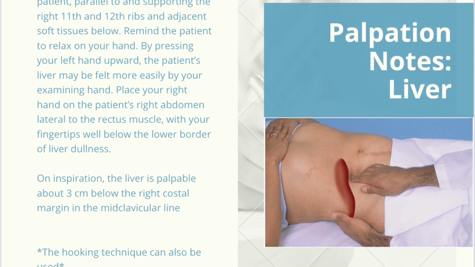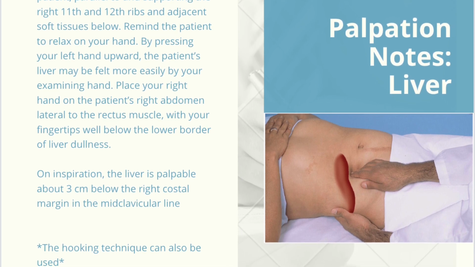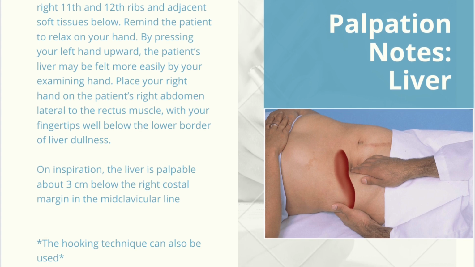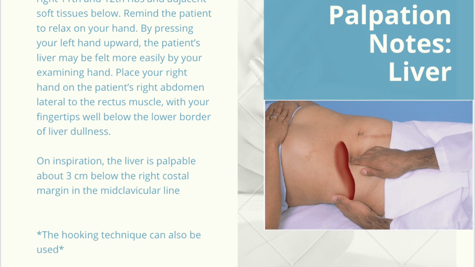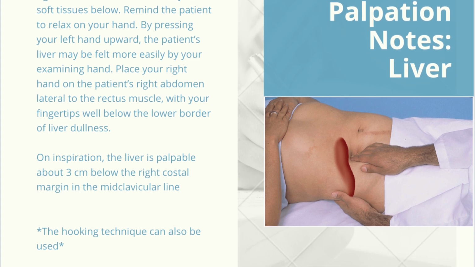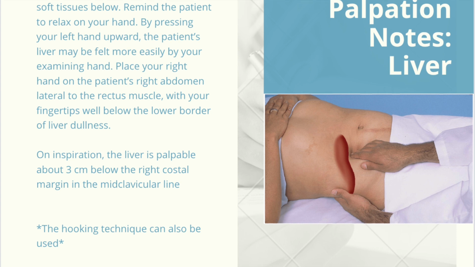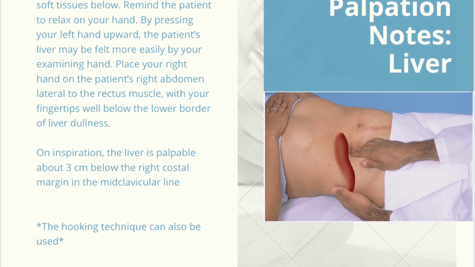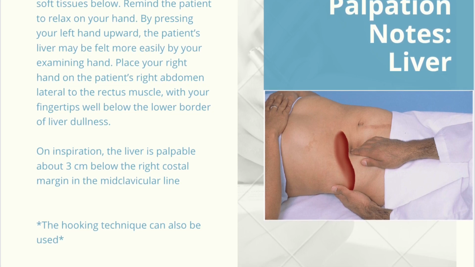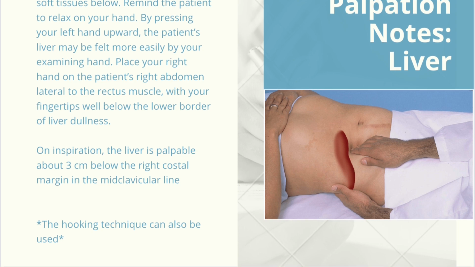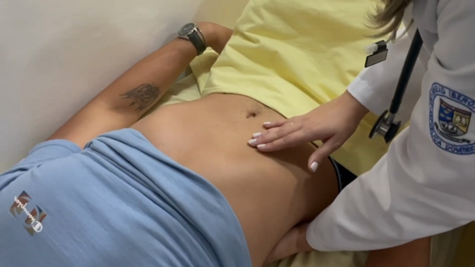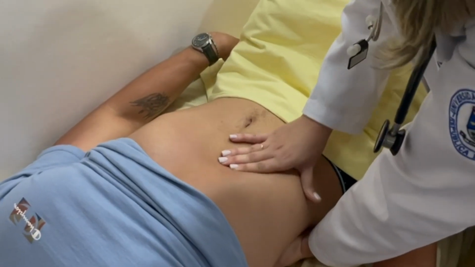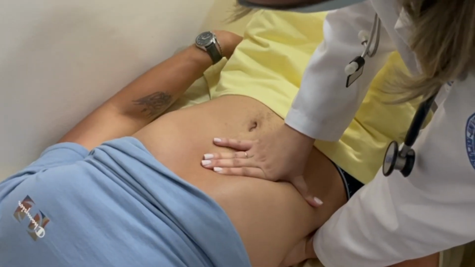Repeat this process, moving 1 to 2 centimeters superiorly from the right iliac fossa each time towards the right costal margin. As you get close to the costal margin, typically 1 to 2 centimeters below, the liver edge may become palpable in healthy individuals. Take a deep breath. Breathe out.